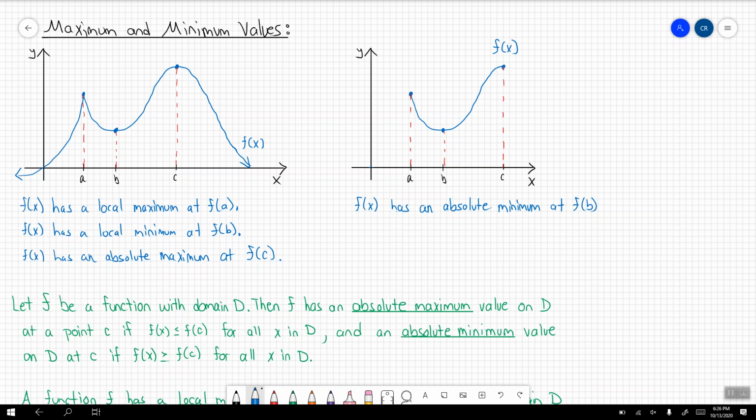Well, it's absolute this time because we have now restricted f of x onto an interval, and within that restriction of f of x on that interval, the output f of b is the smallest value that that function gives. Therefore, it's an absolute minimum. Now, do we have an absolute maximum? Which is the largest output in this given graph?